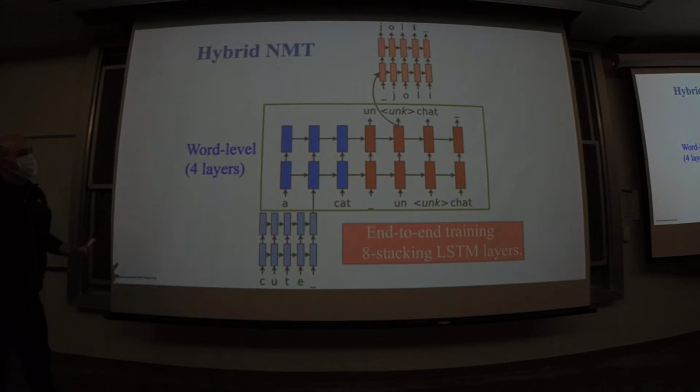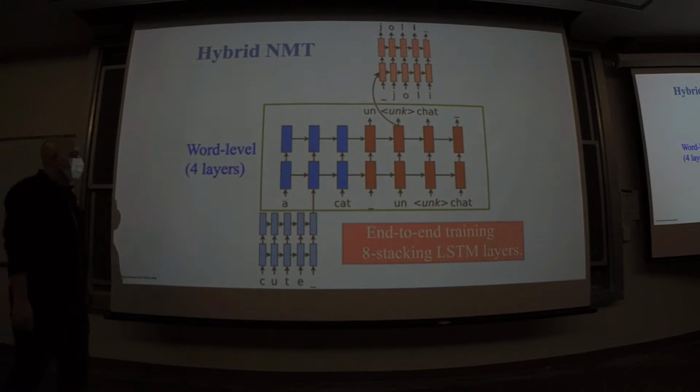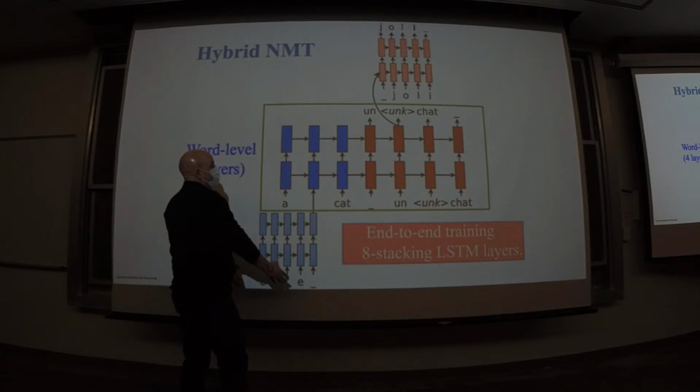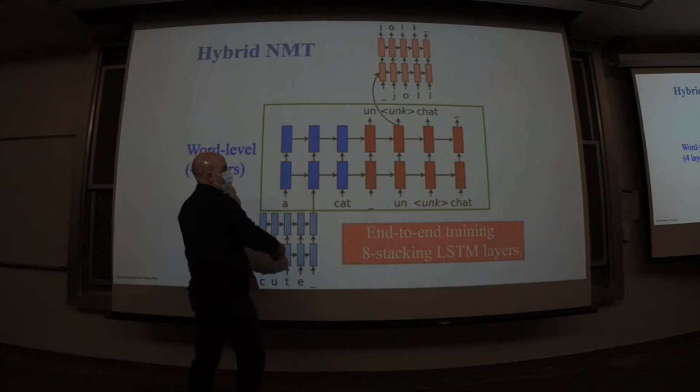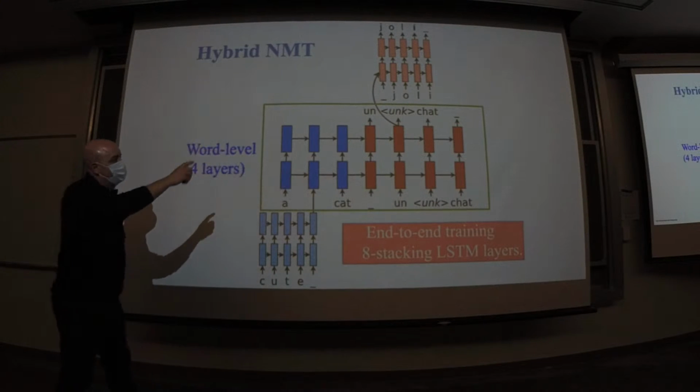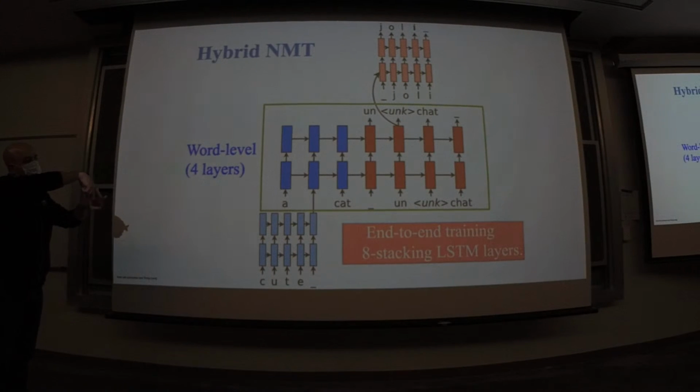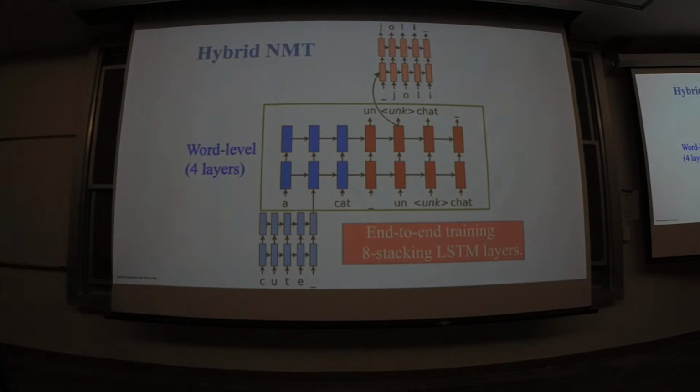But when we see these unknowns and do this kind of alignment, what we learn to do is a character-to-character translation of those two tokens that are purportedly aligned.